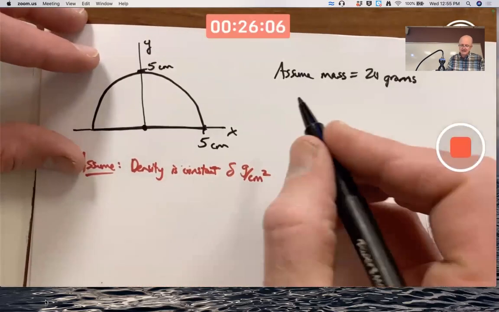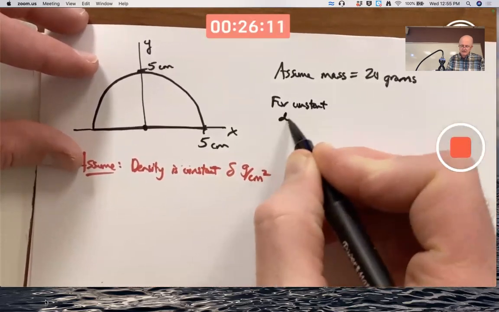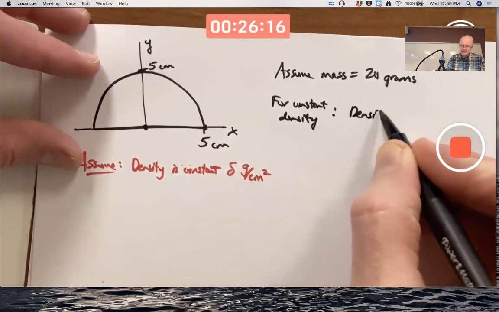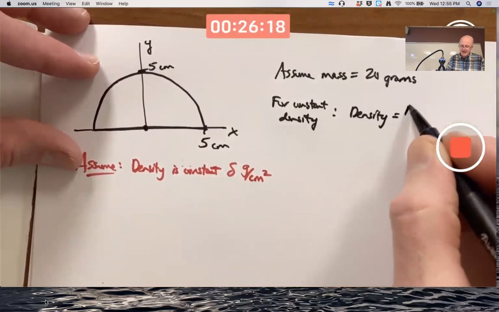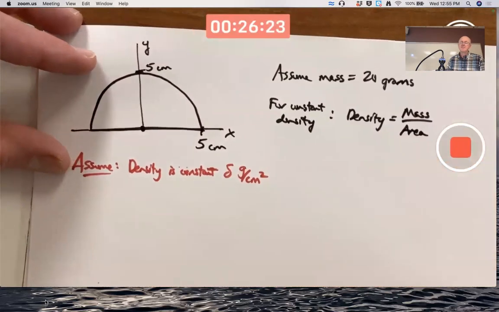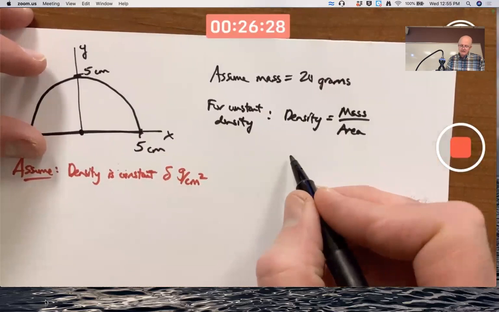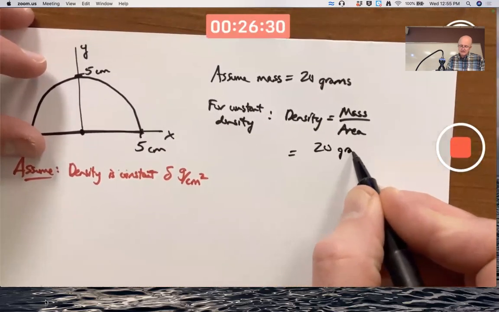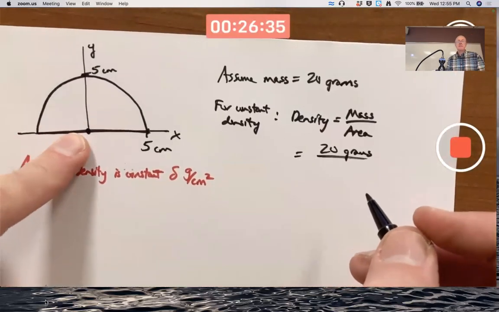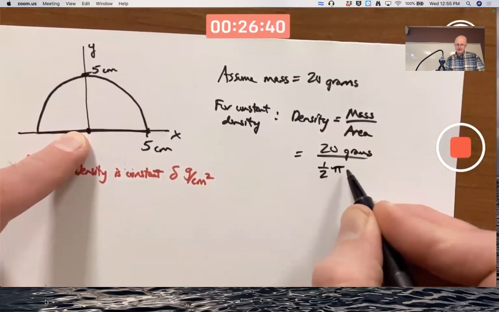For constant density, density equals mass per unit area here, not volume. So that's going to be 20 grams divided by the area of this semicircle, 1/2 pi r squared.